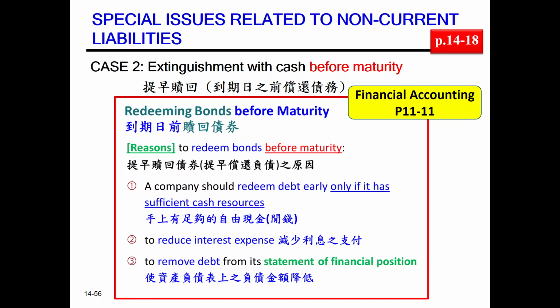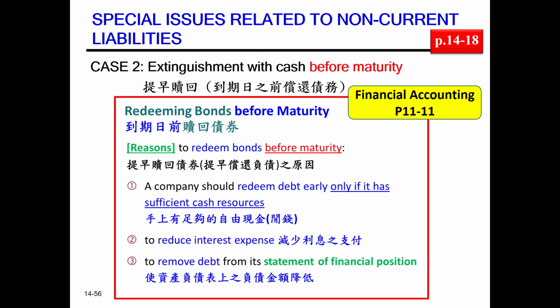At least I don't need to pay interest anymore, right? So in first year we mentioned you should have enough cash and use the cash to pay the debt earlier, because you don't want to pay interest. So after you pay back, you don't have interest anymore. Also, that makes your liability decrease, right?